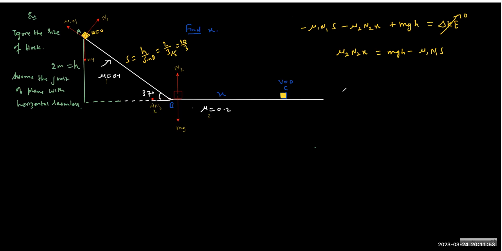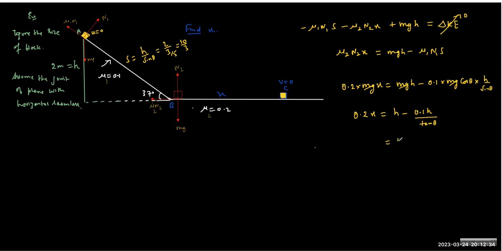So mu2 is 0.2, n2 is mg, x, mgh minus mu1 is 0.1, n1 is mg cos theta actually, into s, which is h by sin theta. So mg gets cancelled. That's why I was not substituting the value. And you can realize that 0.2x is h minus 0.1 h by tan theta.